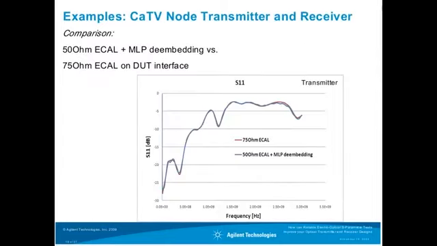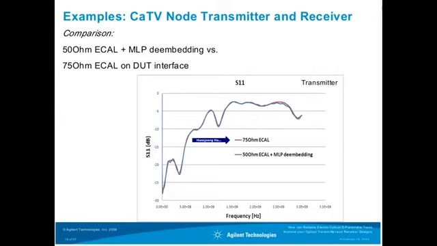The next slide shows how well this works. For instance, this is an S11 measurement, or return loss measurement, which compares the de-embedding and fixturing application approach with a calibration entirely to the device under test interface, and this shows a fairly good match of the two approaches.